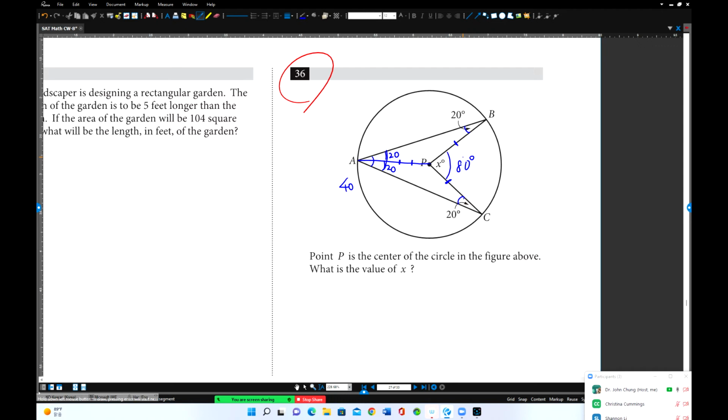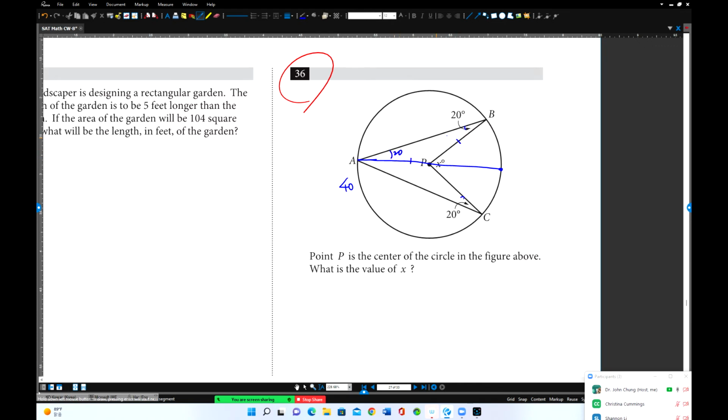Okay, if you know that central angle is 2 times the inscribed angle. Oh, we don't know the inscribed angle or central angle. Okay, you can go the other way. Anyway, we make the line over here. We need to draw this line. Without this line, okay, it's a little bit hard. This also isosceles.